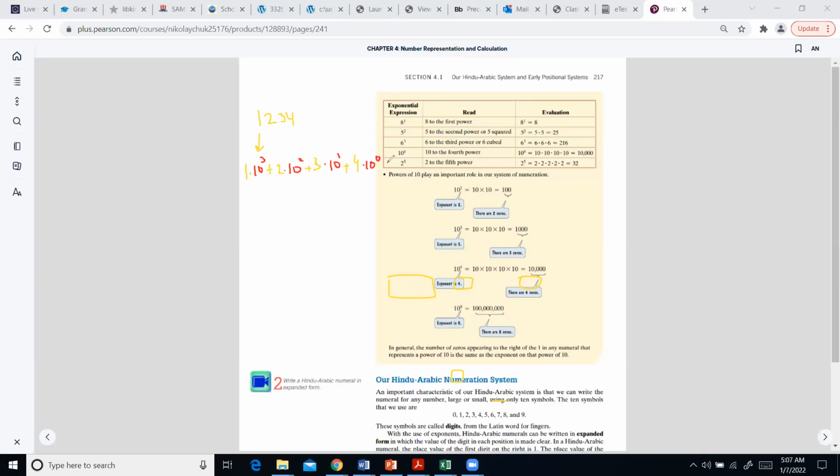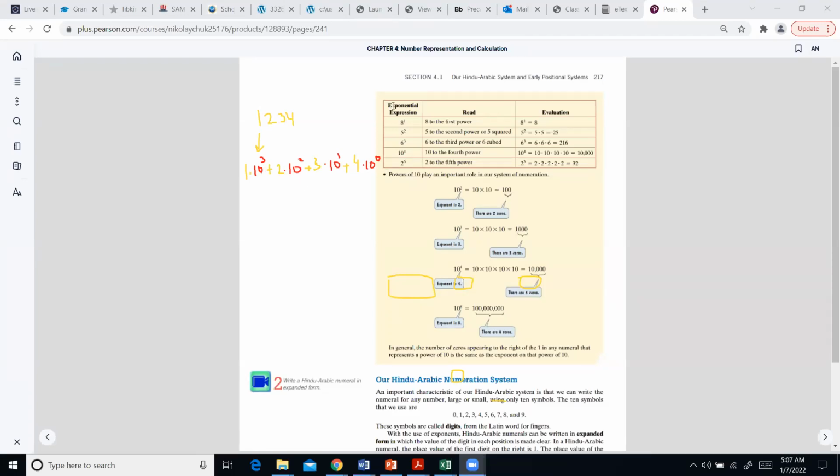So it turns out that every number that we have in so-called base 10 notation, and that's the way we treat our numbers all the time, I have to write with powers of 10.